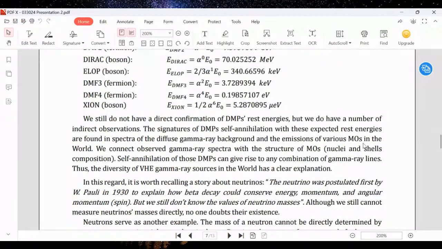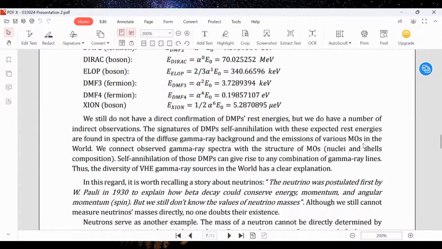We still don't have a direct confirmation of dark matter particles' rest energies, but we do have a number of indirect observations. The signatures of dark matter particles' self-annihilation with these expected rest energies are found in spectra of the diffuse gamma ray background and the emissions of various macro objects in the world.